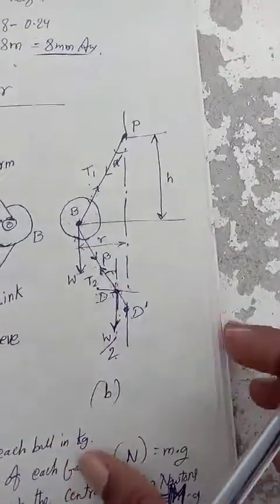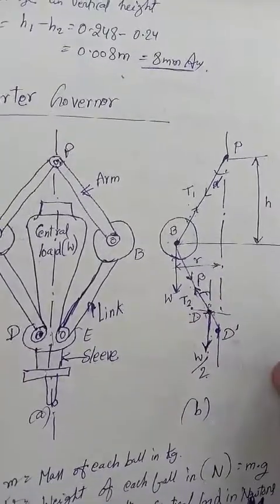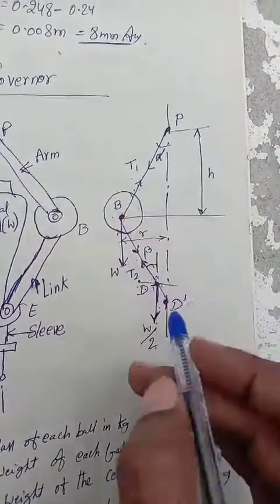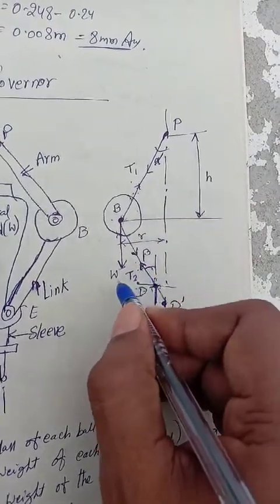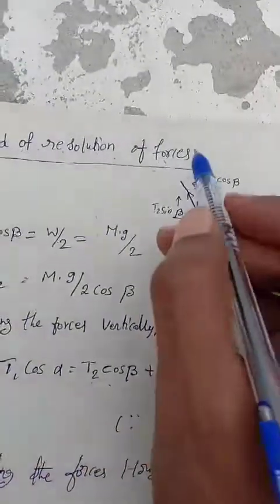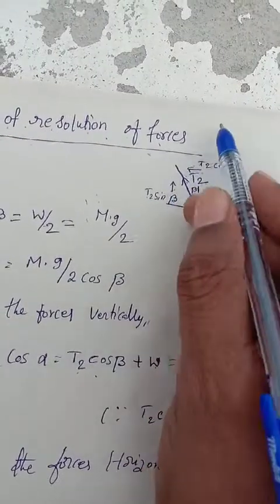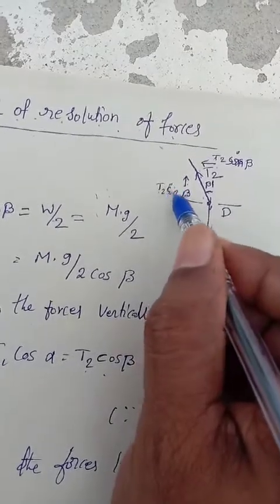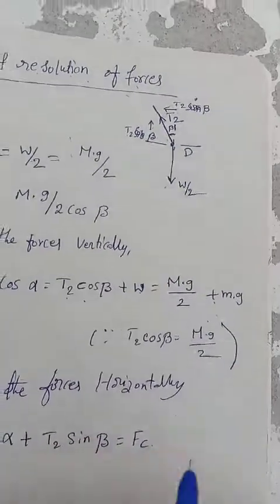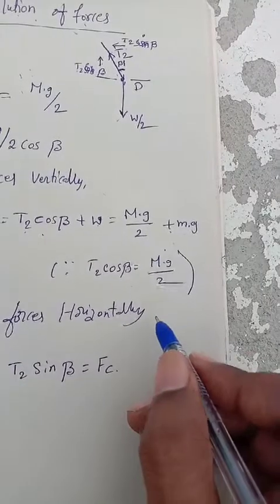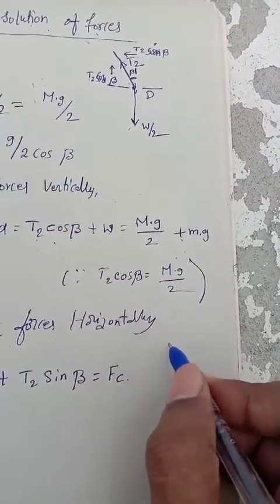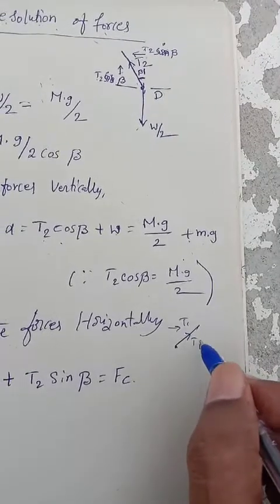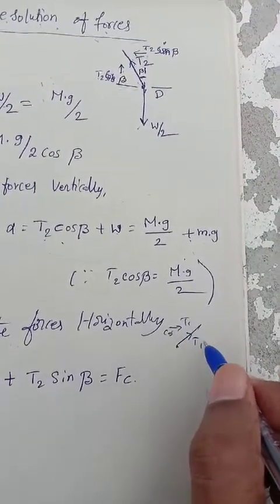Now we see here, the horizontal force takes sine and the vertical force takes cos. No problem, we can take either, nothing wrong. Also at B, for T1, you take this as cos and this as sine, like that.